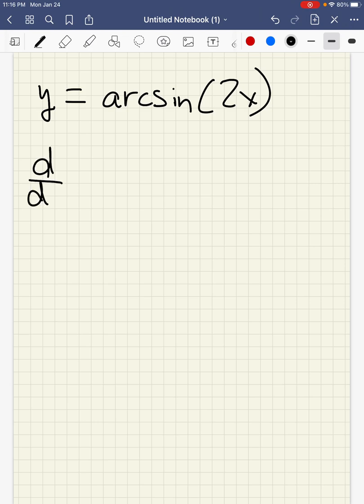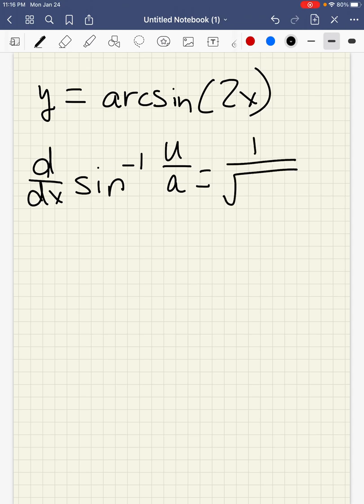The derivative of inverse sine of u over a is equal to 1 over the square root of a squared minus u squared times du dx. Okay, so in this case, u is 2x and a would be 1.